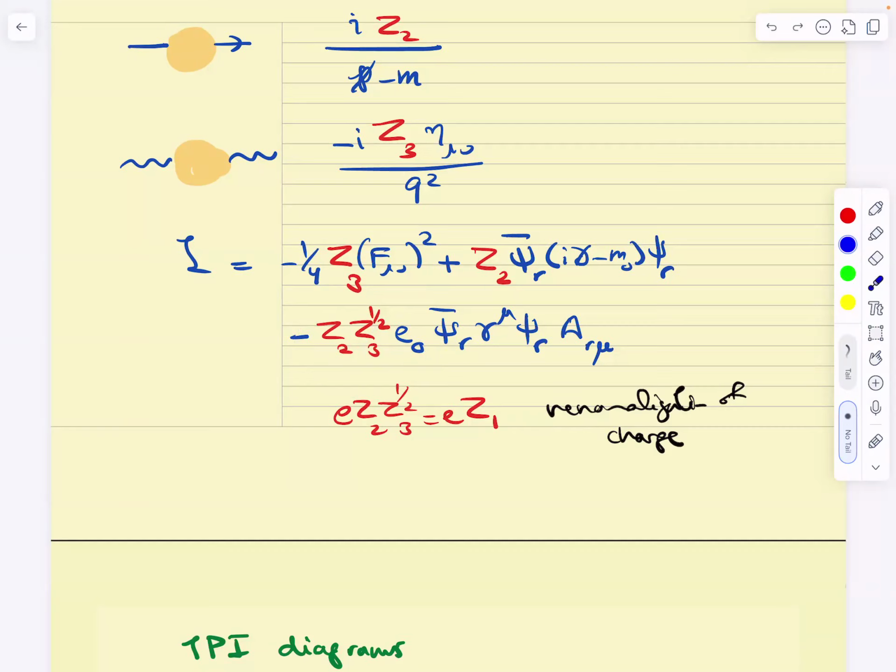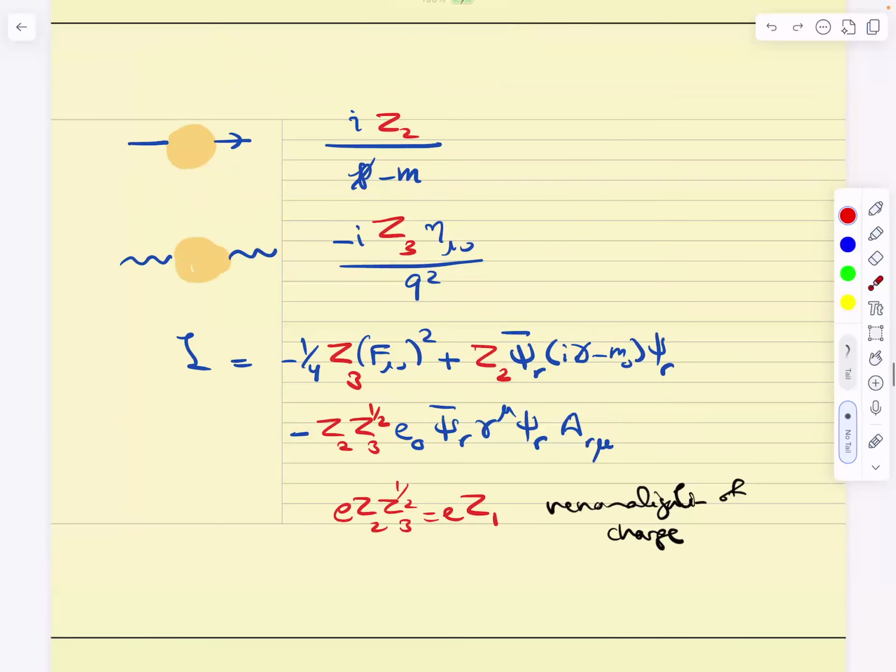So we could write it this way. e_R is going to be Z2 Z3 half e0, right? We're going to give this a name, Z1. That's why I call those Z2 and Z3, right? We're going to go through this in more detail next time, but all I want you to know is that now there are 2 guys, Z2 and Z3. And then every time there is renormalization of the charge, it's related to this particular combination we call Z1.